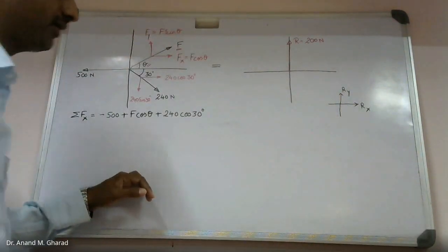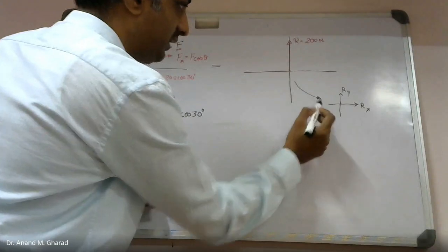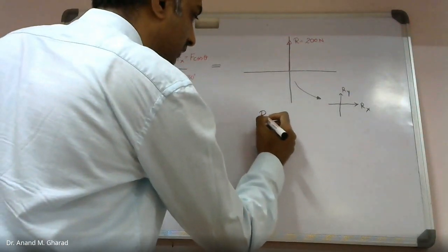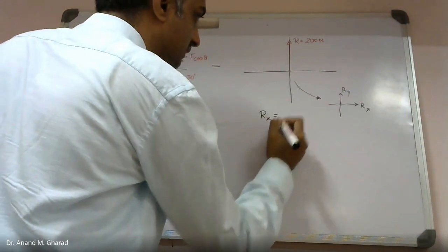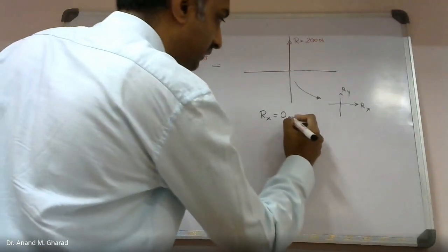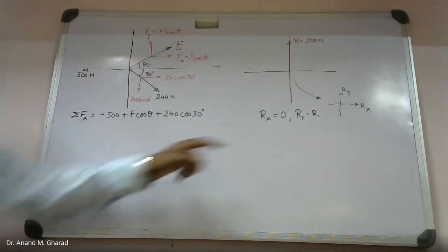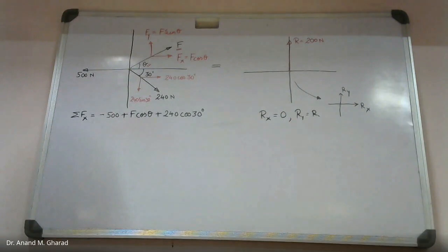Am I right? However, over here, what do you observe? How much is the Rx value? 0. Rx is 0, whereas Ry is R, as it is very much clear from this.